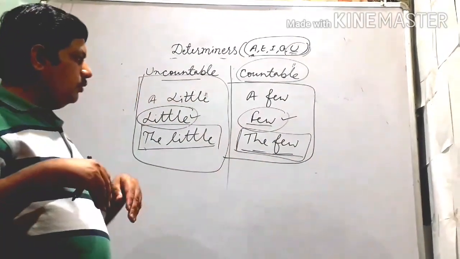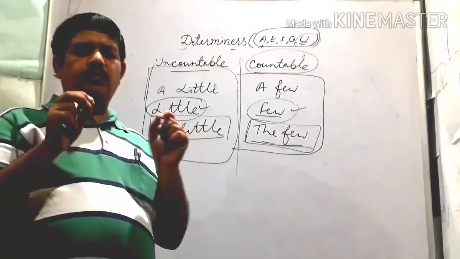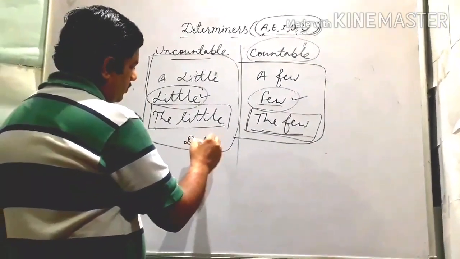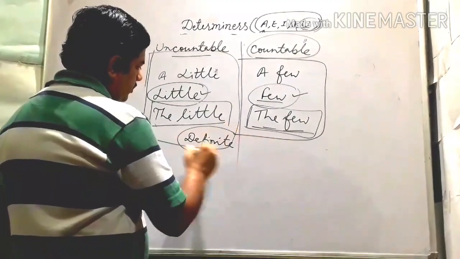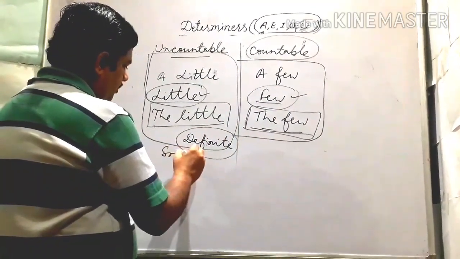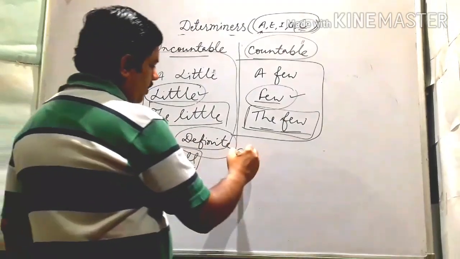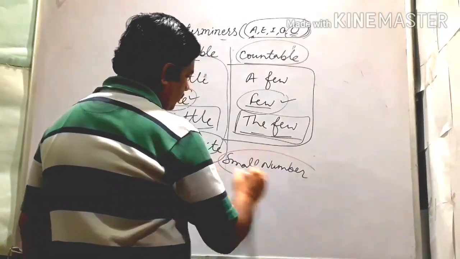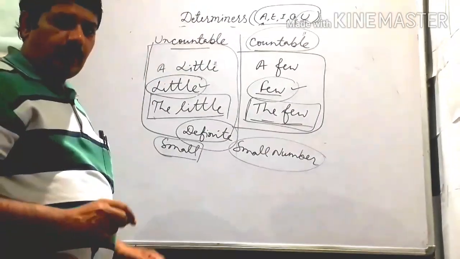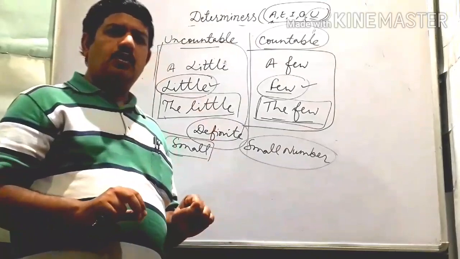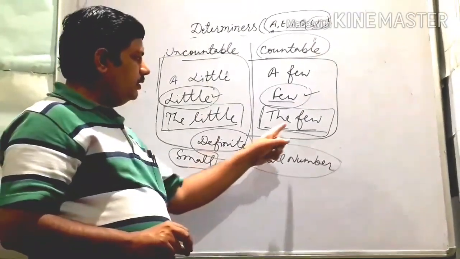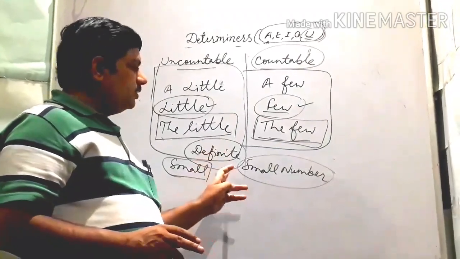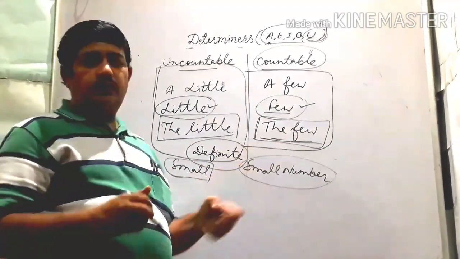See, when you have already a thing in a small amount, a small number, beyond any expectations. When you know that it is already a small amount in the name of quantity, in the name of number, okay? So there we use the little, the few.